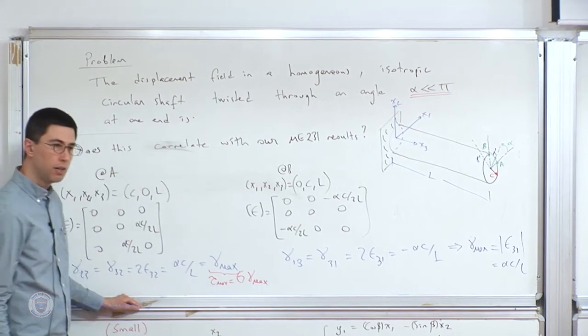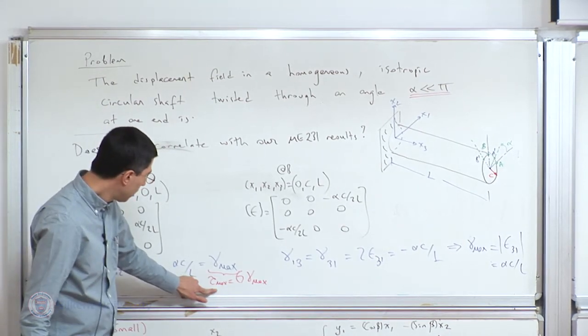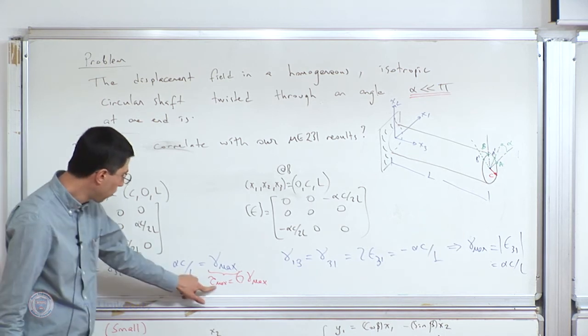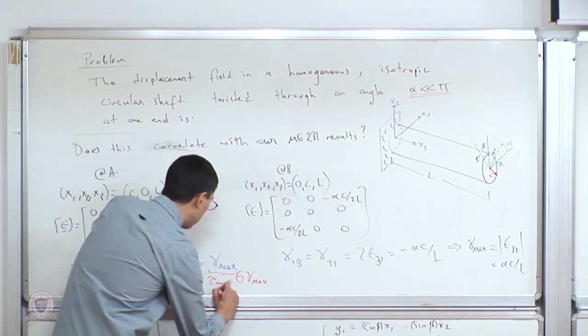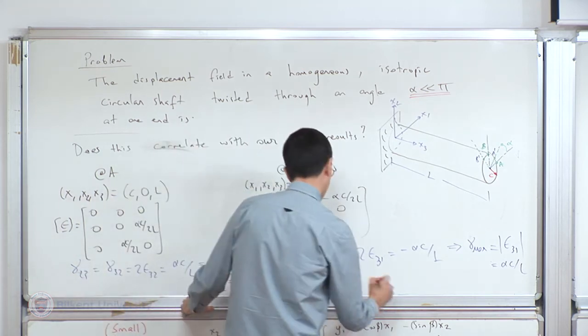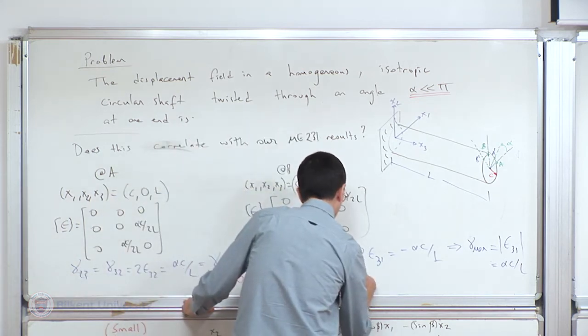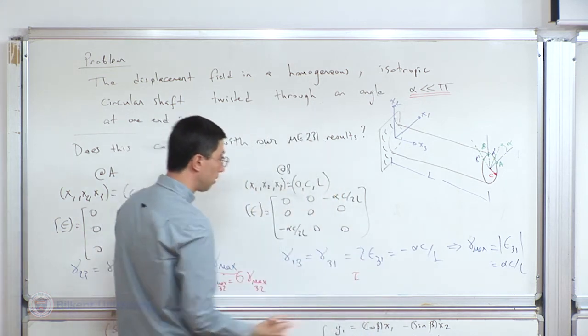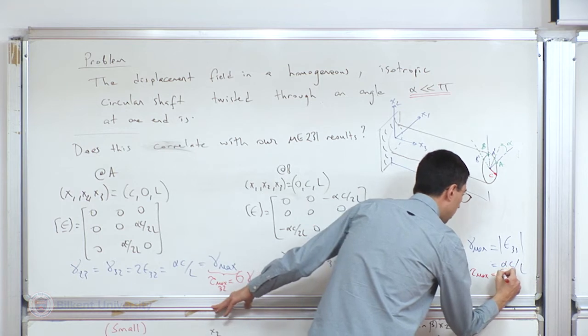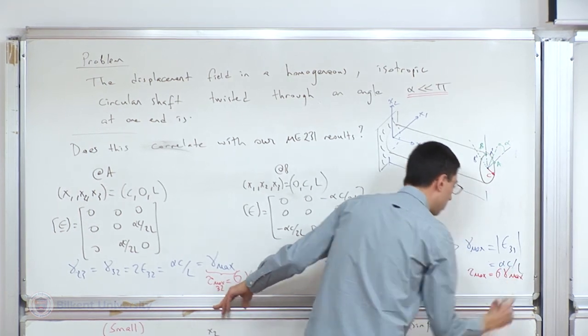The component of gamma we're talking about is 3,2, and therefore this will also be 3,2. Here we have tau: tau max is equal to G gamma max.